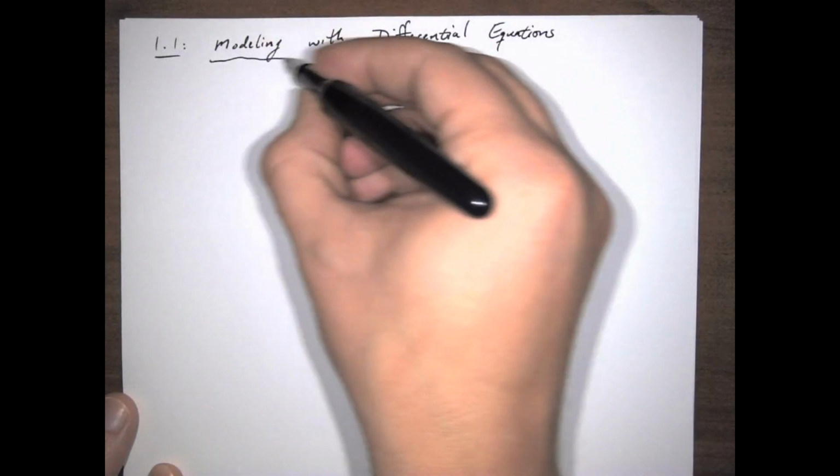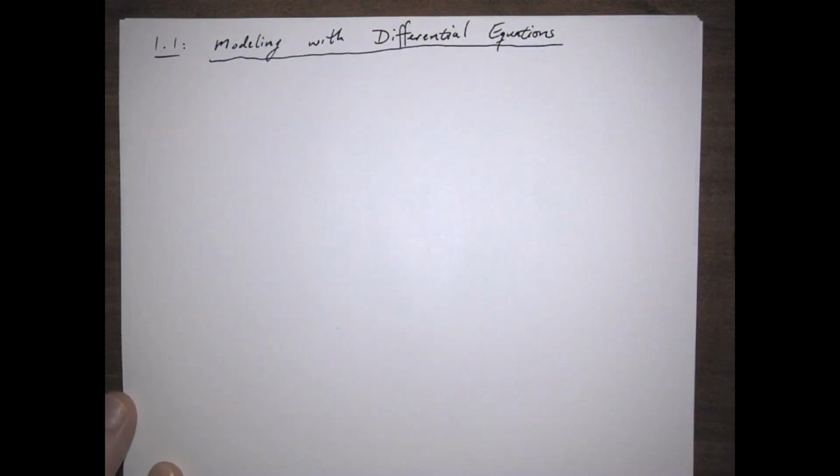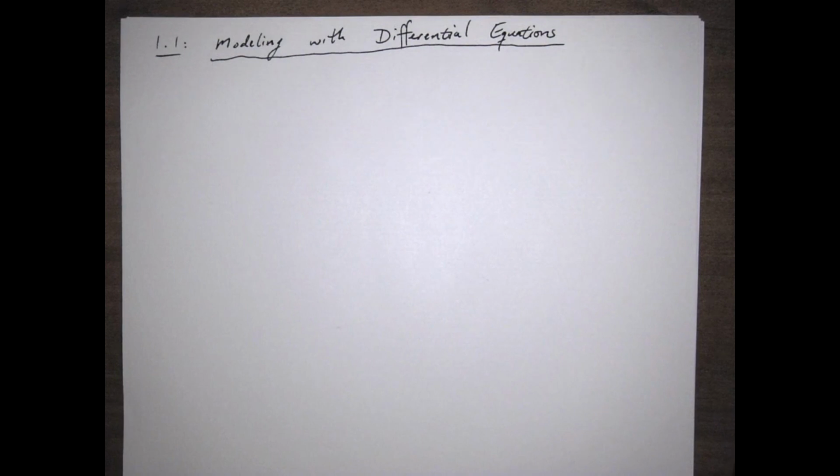All right, so let's start with just a reminder of what calculus is all about. So in calculus, in particular in differential calculus, that's calculus 1, what you learned to do was to take a known function and take its derivative to find its rate of change. The purpose of differential equations is actually the reverse of that.